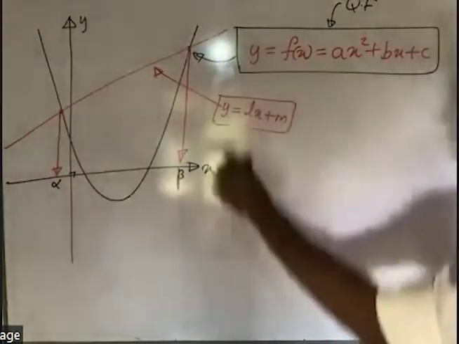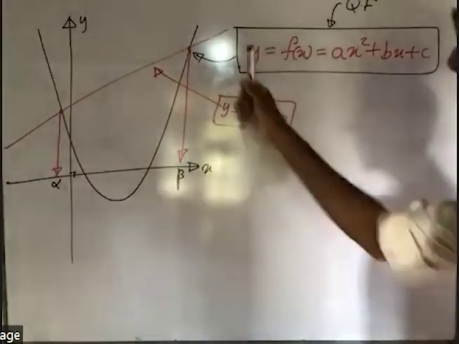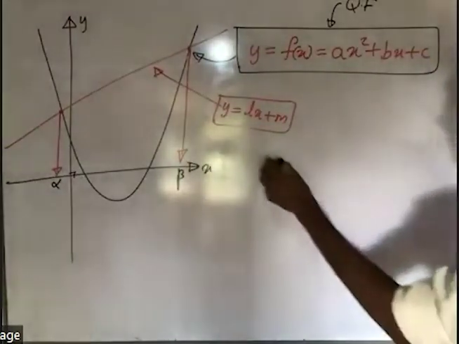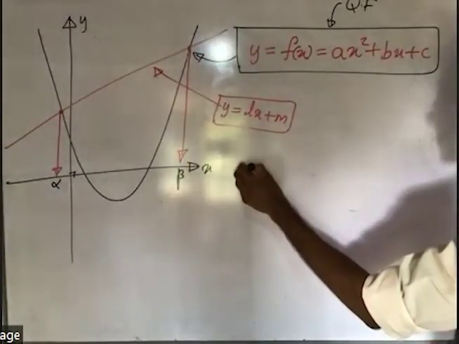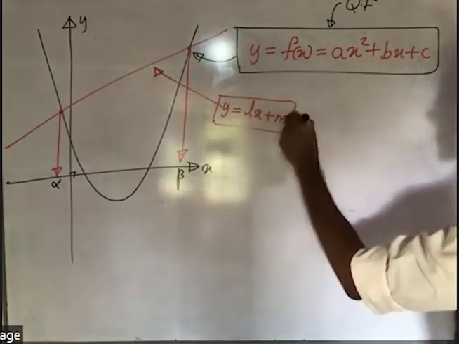When these two functions are equal, first f(x), this is the quadratic function, and this is lx plus m, this is a straight line. So when these two are equal, we can equate them separately. I will name this as g(x).